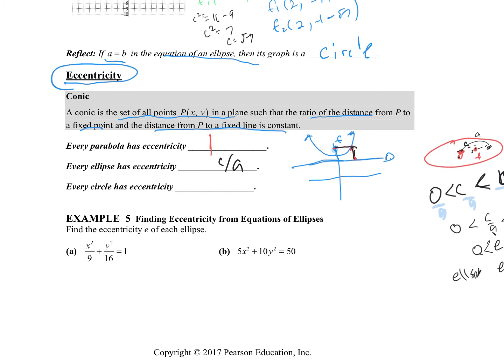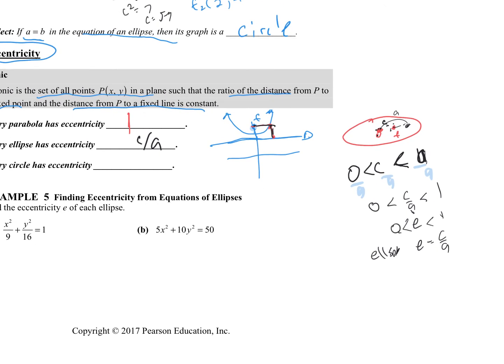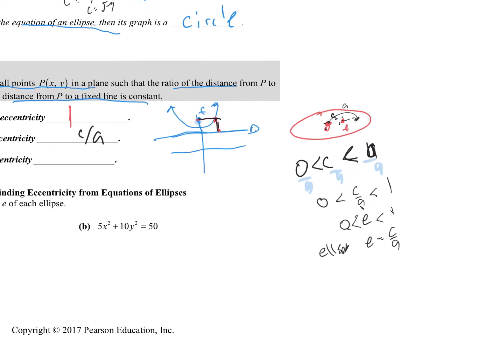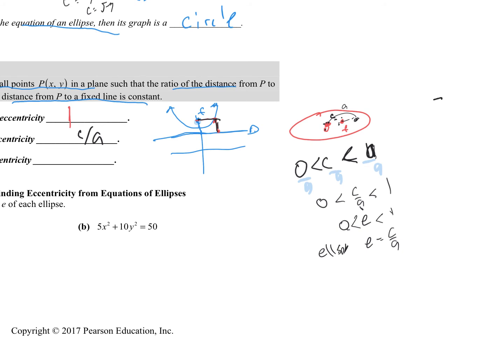Remember, the eccentricity of the ellipse: it's more elliptical the closer you get to 1. You get a skinnier ellipse as you get closer to 1.